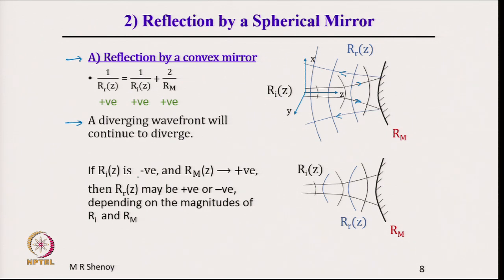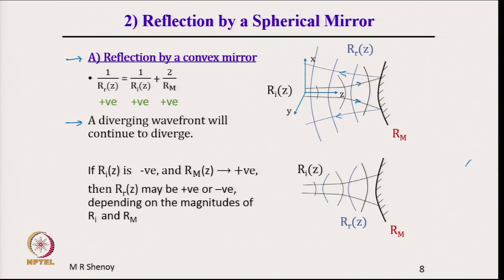If R_i of z is negative, which means if it is a converging beam, and if R_m of z is positive, because we have considered convex mirror, then R_r of z may be positive or negative. What is shown here is a diverging beam.